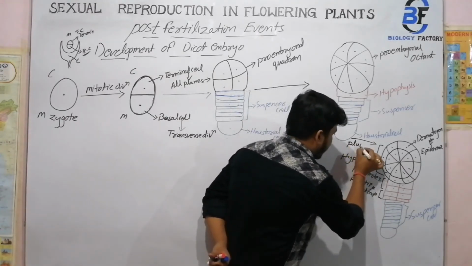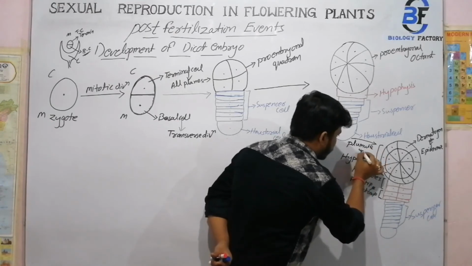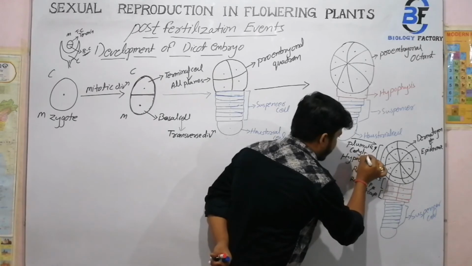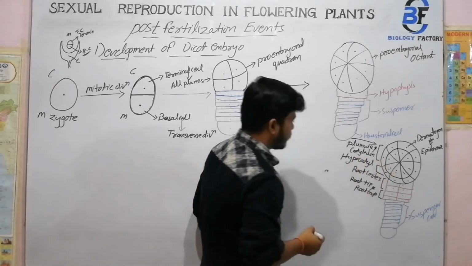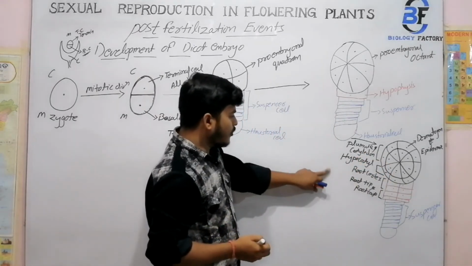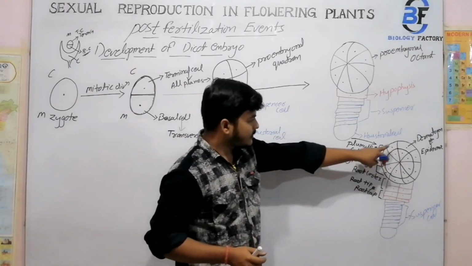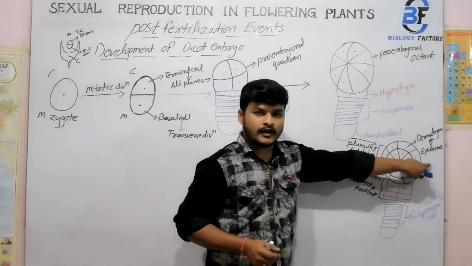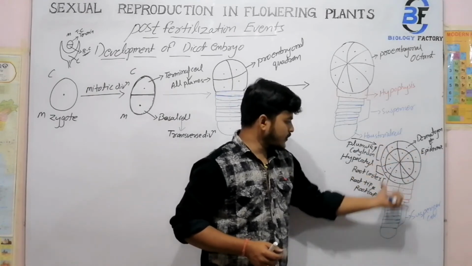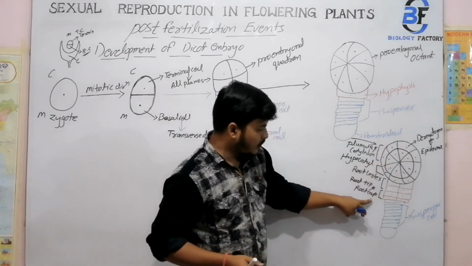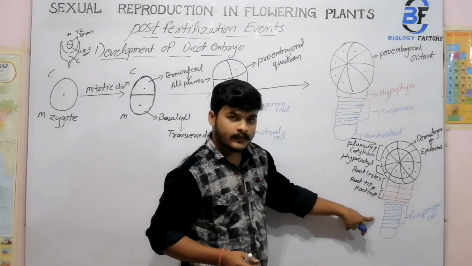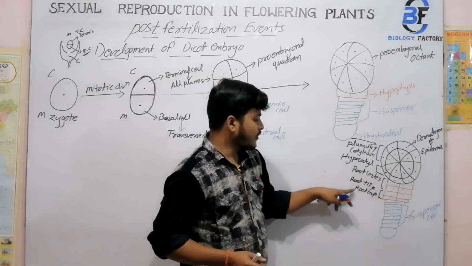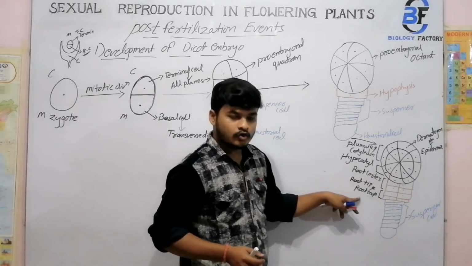Both plumule and cotyledon. That means what type of changes take place? The dermatogen forms your epidermis. In the total structure, the 4 cells towards your micropylar end, attached to your suspensor, form your root tip or root cap.